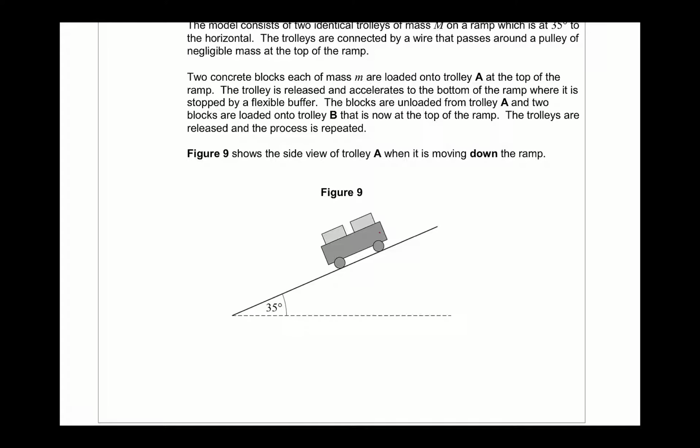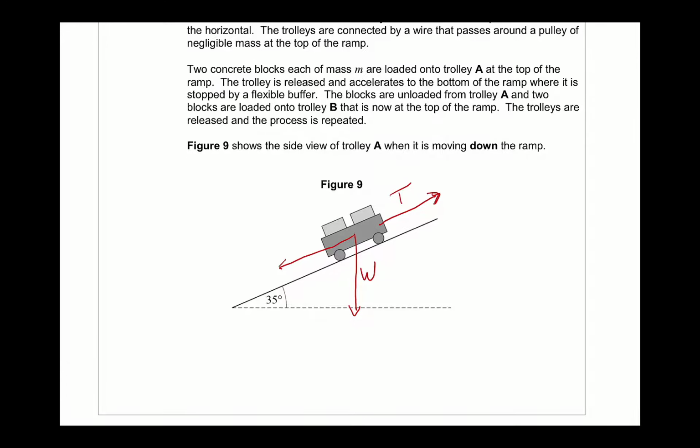So we've got T. We've got our weight. Now it says it accelerates, so my weight's going to have to be a bigger arrow.